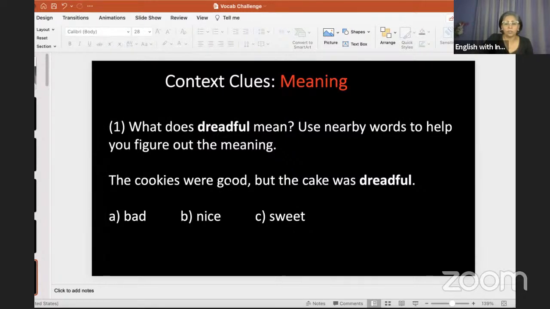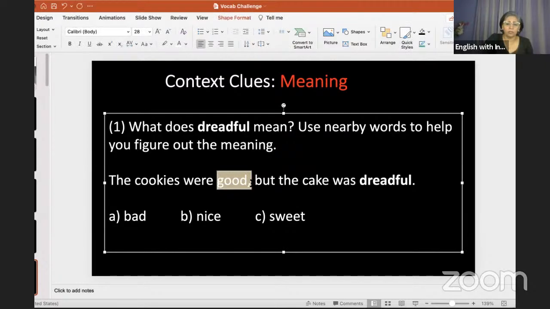The cookies were good, but the cake was dreadful. Now, this one, if you look, has an opposite word also. Because when you see but, that means this word is the opposite of good. So if this word is good, then this word is what?